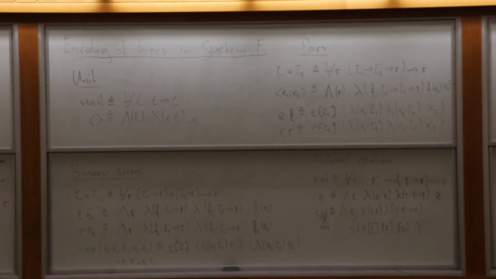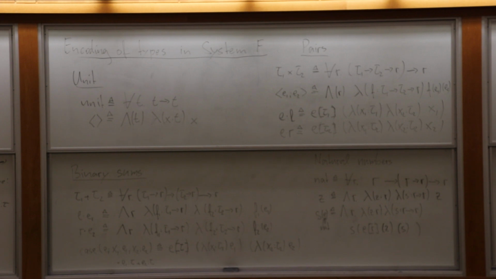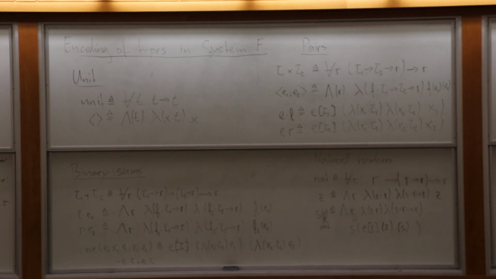It looks a bit strange, but it's not so strange really. Because it embodies what you can do with a natural number. And what can you do with a natural number? Well, you can do recursion. And that's exactly what this does.